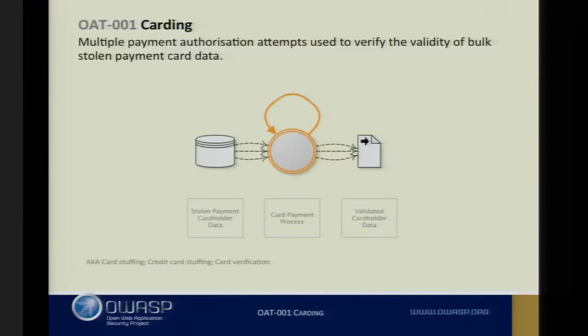What the attacker is actually trying to do is to judge the value of the data. They don't know which cards are necessarily valid. They've got full sets of data, so they throw all the cards against an application to work out which ones might be worth exploiting further. Also known as card stuffing, credit card stuffing, or card verification.